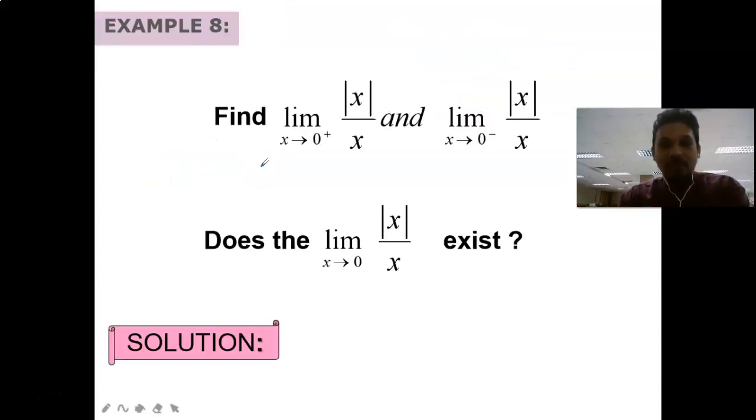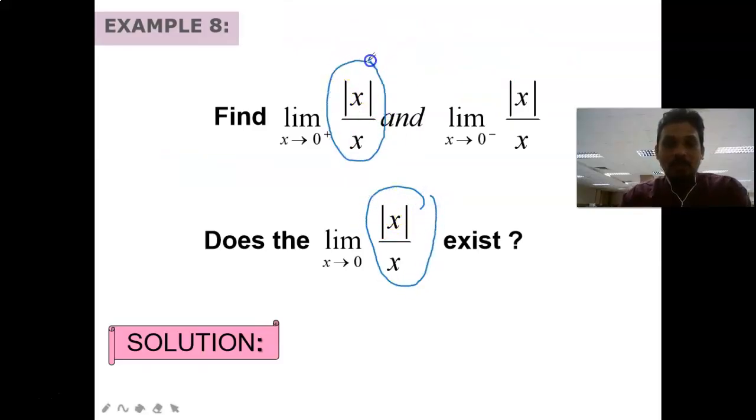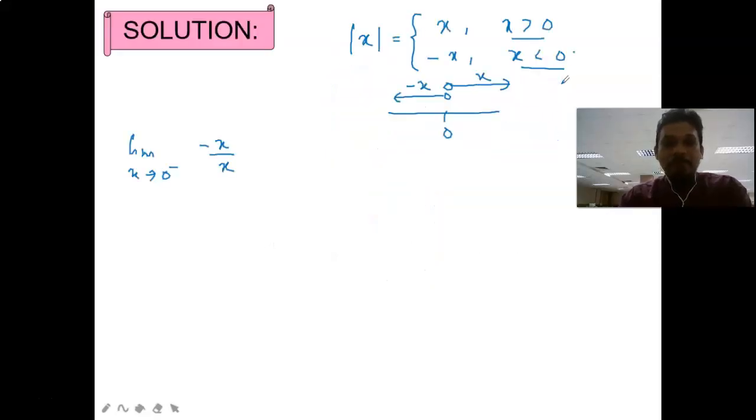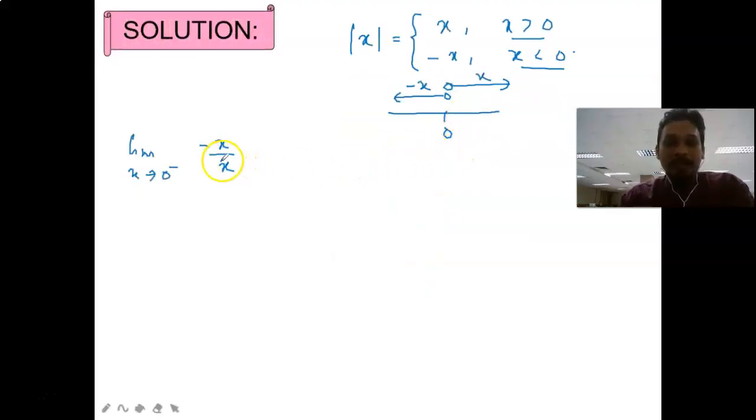Look at the question from before: the modulus of x divided by x. So negative x divided by x equals negative 1.